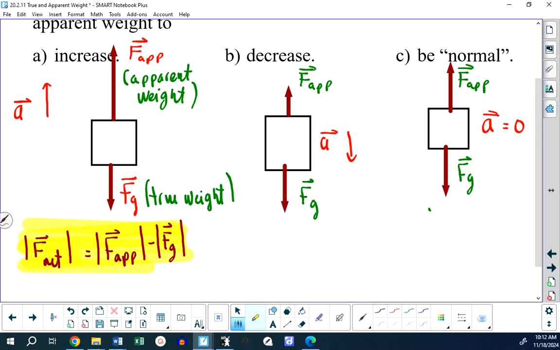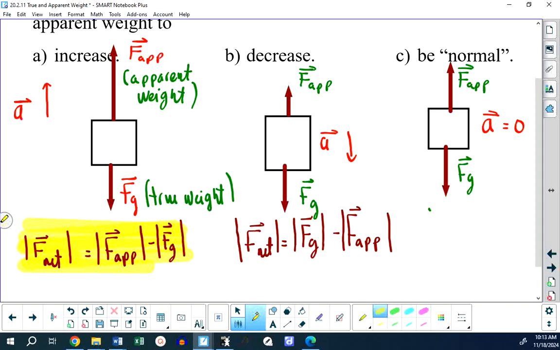Whereas over here, the net force would have a magnitude equal to the magnitude of your true Earth weight minus the magnitude of your apparent weight, or applied force. Is everybody clear on how you would arrive at that statement from the diagram above it?